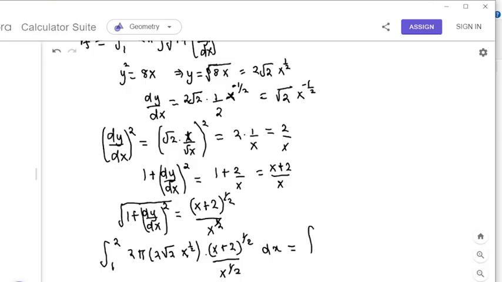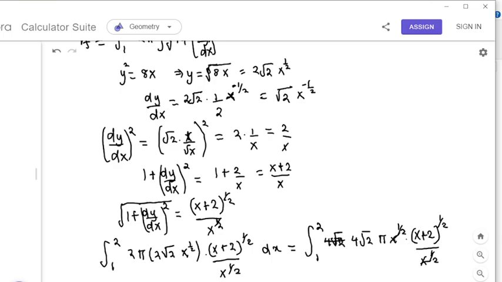This gives us the integral from 1 to 2 of 4 root 2 pi, and then we have x raised to power a half times (x plus 2) raised to power a half over x raised to power a half.